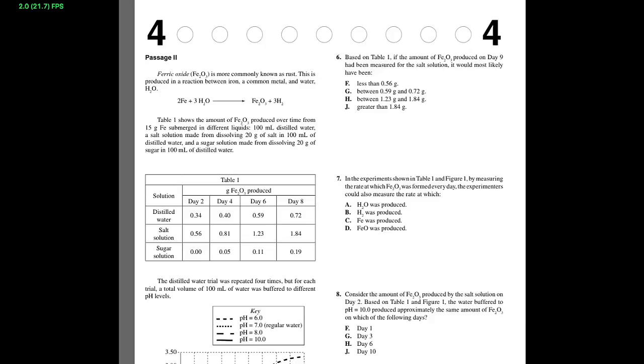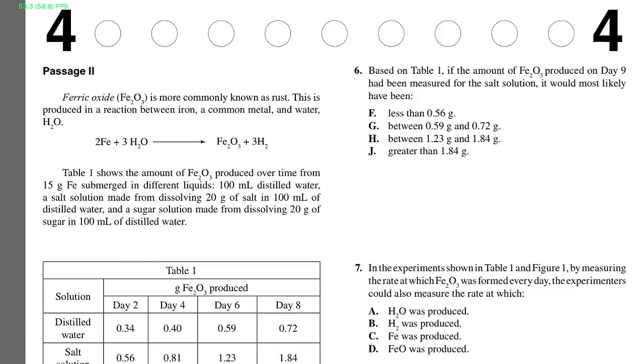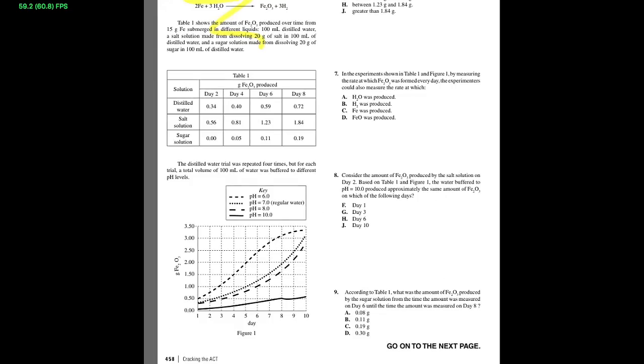So the first thing is let's just quickly take an overview of what the passage looks like. This is one of the passages in the section. This is a typical format: they have an intro, and then they usually have different sections, basically this section here, which is table 1, and then another section here, which they call figure 1.